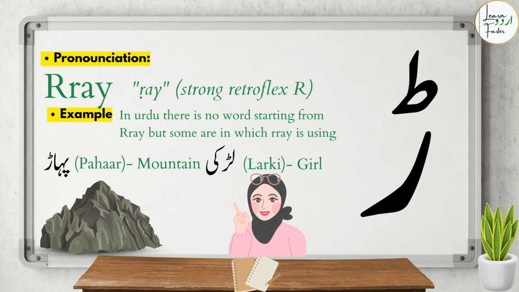So relax and practice repetition. An interesting thing about this alphabet is that no word in Urdu starts with this Re. But it is used within words like Pahar, mountain, Ladki, girl.